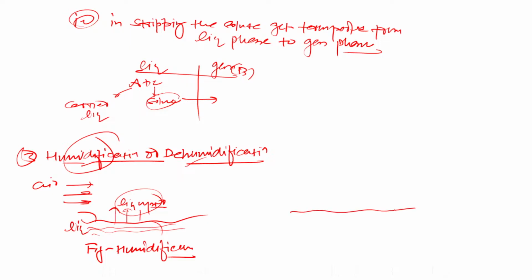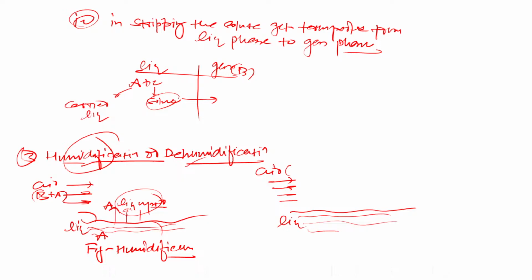Now, the same condition: there is the liquid phase, air is flowing here, and this air consists of what? Suppose I call this liquid A and the air B. Then the vapor of A is going to mix here and this becomes A plus B. And this air already consists of some amount of moisture, B plus A, because no air is purely dry. If it were dry, then A would be 0. A is the moisture.